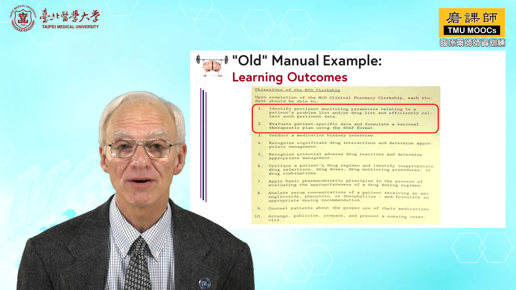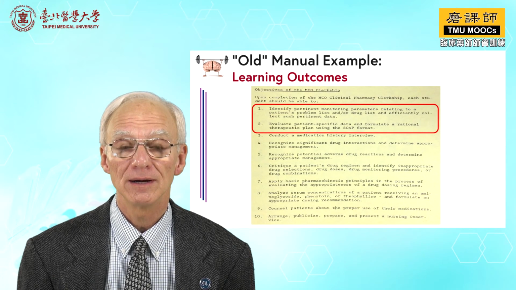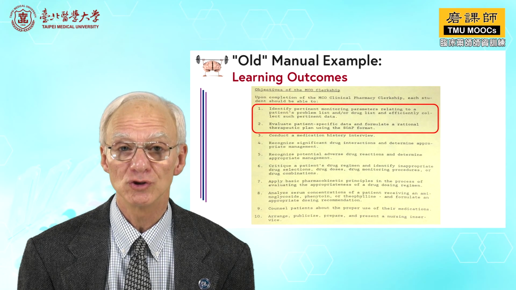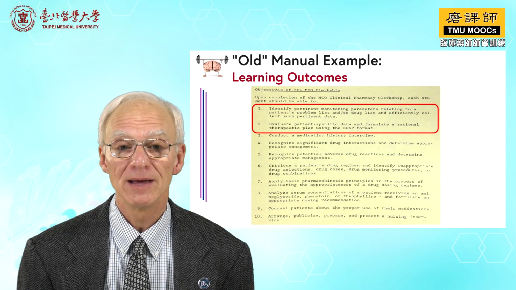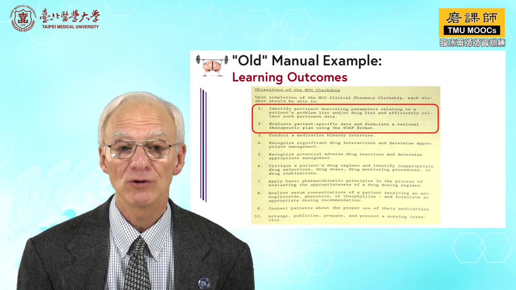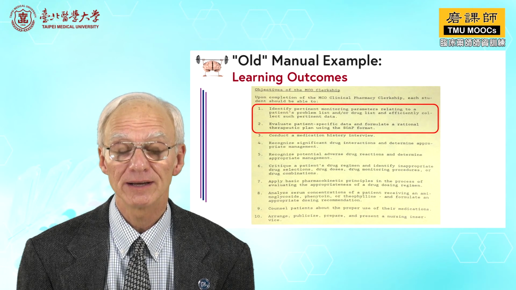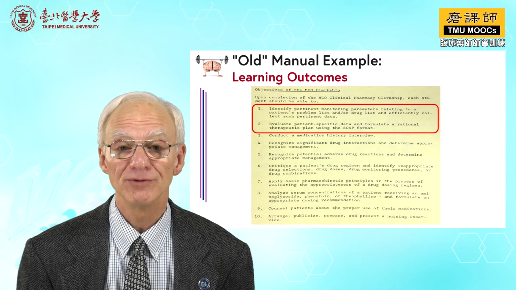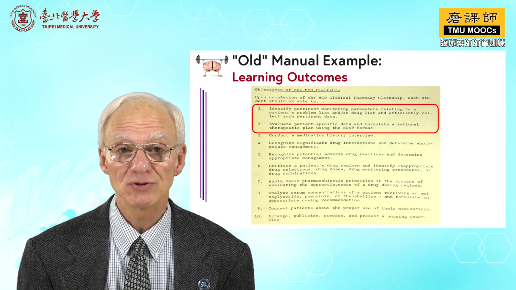Now, you can see here the first couple of learning outcomes. Right off the bat, we're talking about the fact that students are going to need to identify patient monitoring parameters that relate to the patient's problem list and/or drug list, and that they're going to have to collect such data. The second learning outcome makes it very clear that they're going to have to be able to evaluate a patient's therapy and write a SOAP.